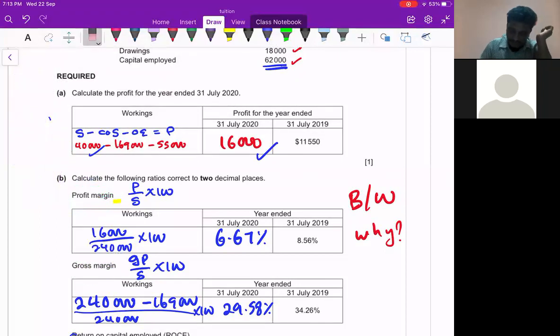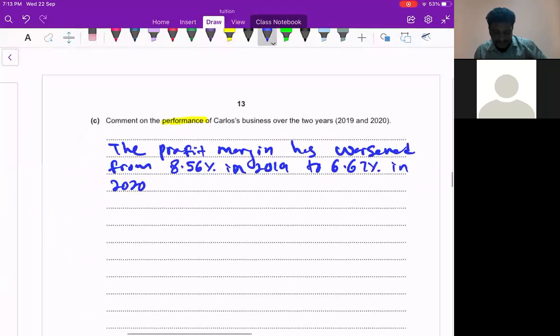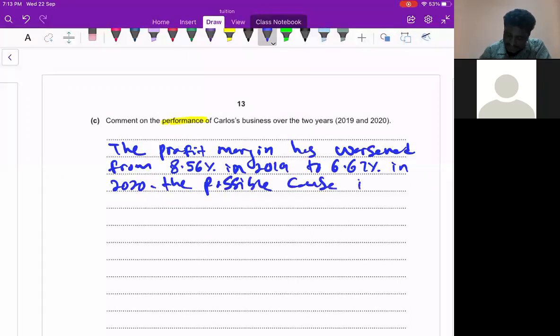Huh? So now we can talk about expenses. Expenses. Okay. The possible cost is, you can say increase in expenses. You can say increase in expenses, but normal student will say increase in expenses. But like a good student will say is poor control over expenses.